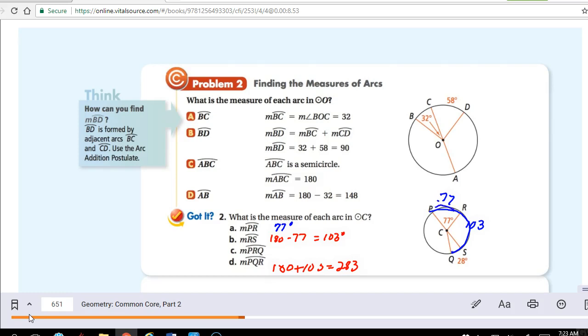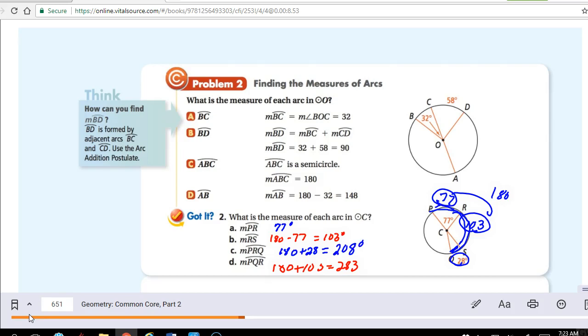Well, we know this much of it is 77, this much of it is 103, and this much of it is 28. Now, remember the 77 and the 103 together make the whole 180. So really you could simply say 180 plus 28, and that's going to end up being 208. And that's how you would find that.